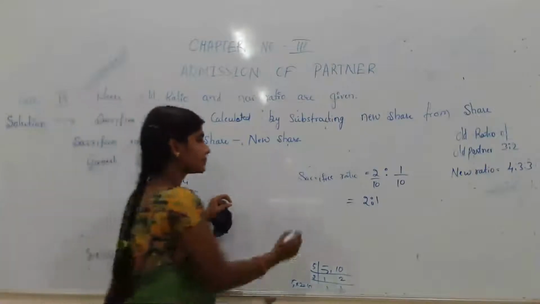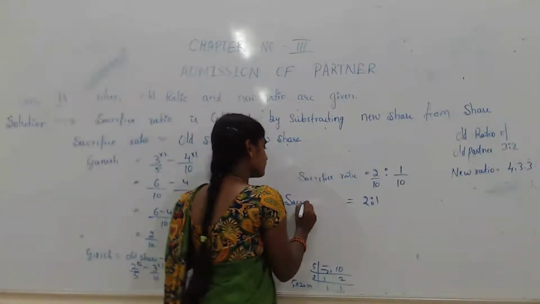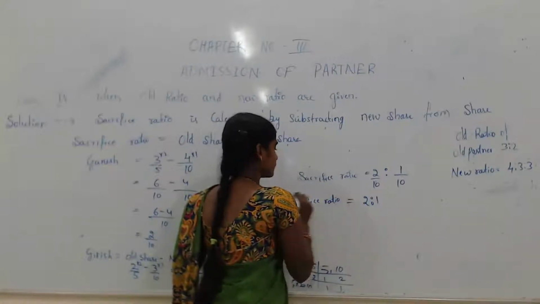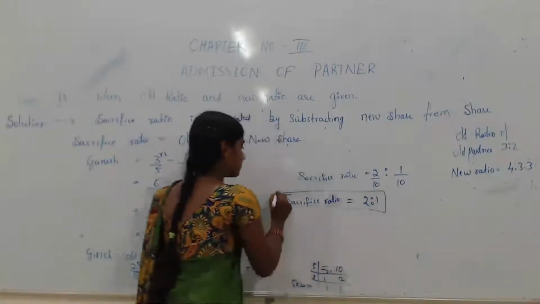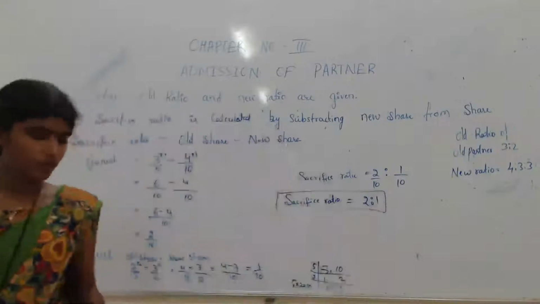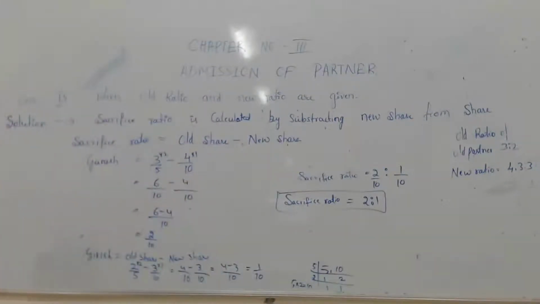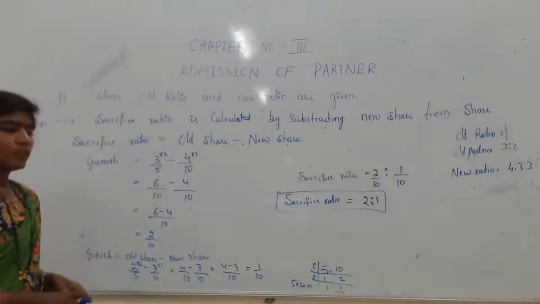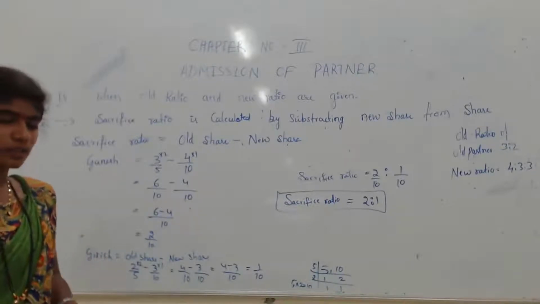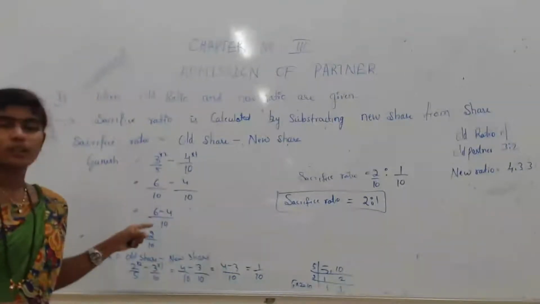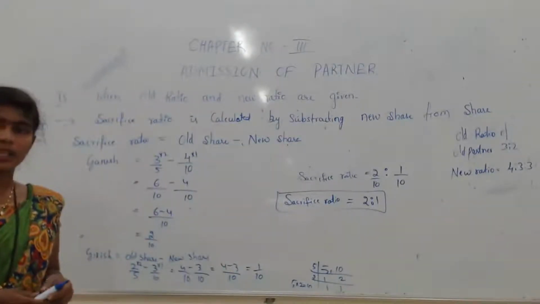Okay. This is the answer. Sacrifice ratio equal to 2 is to 1. Okay, is it clear? Now we are solving one more question on this same fourth case.